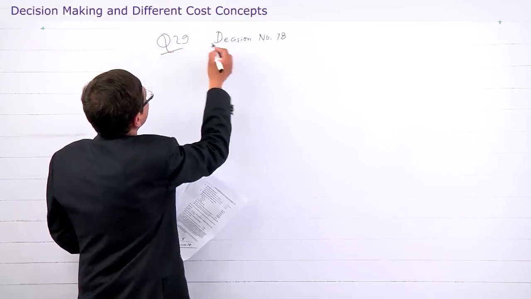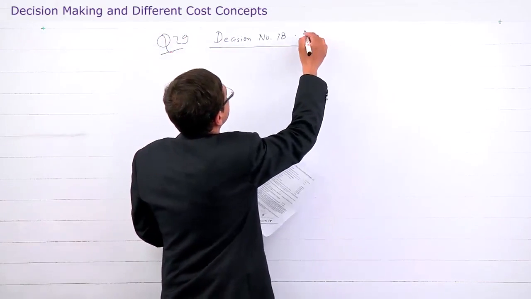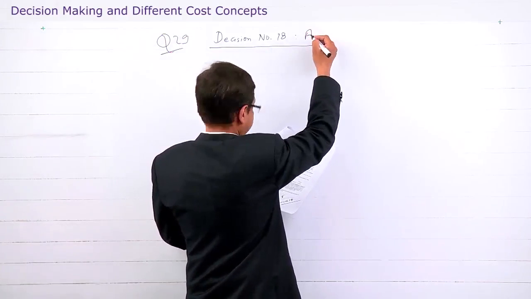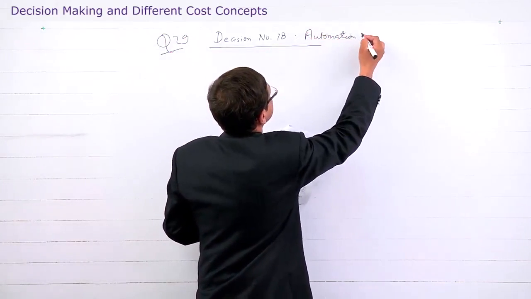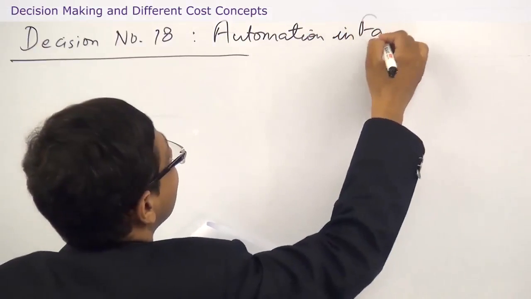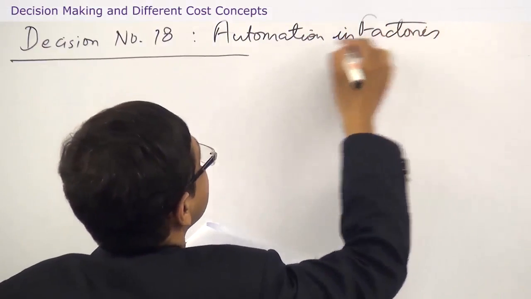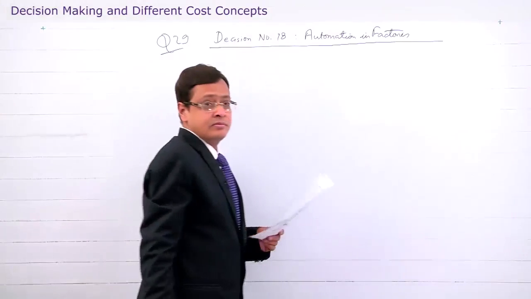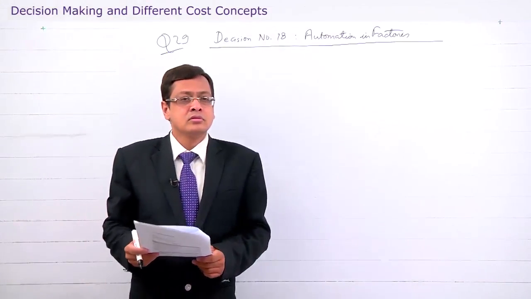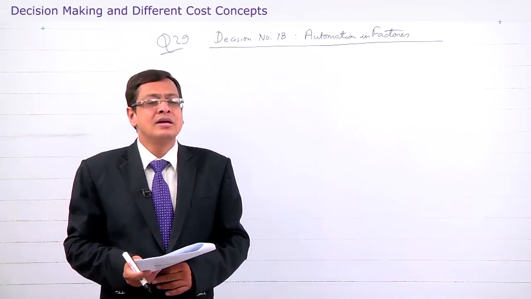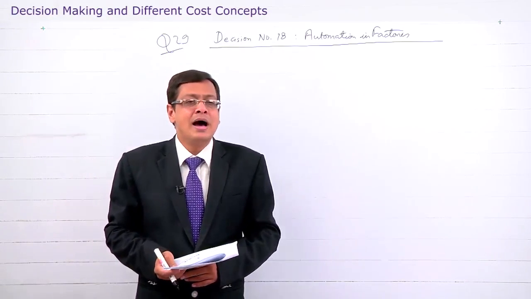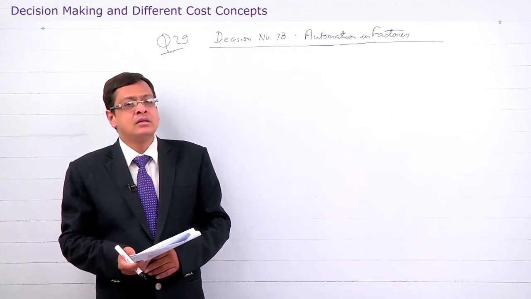Question 29, and this deals with automation in factories. In simple words, this is whether to buy a new automated machine or not.